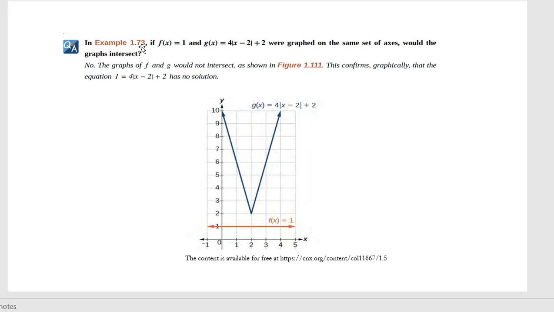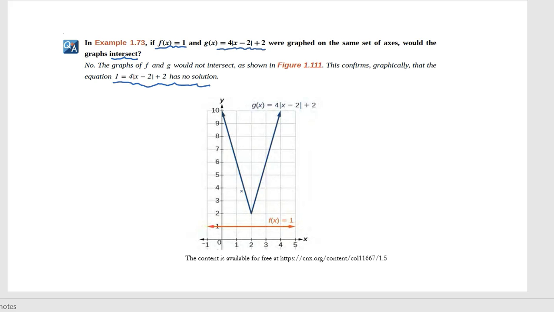In example 1.73, if f of x is equal to 1 and g of x is equal to 4 times absolute value of x minus 2 plus 2, would they intersect? No, because this has no solution, so they do not meet each other.